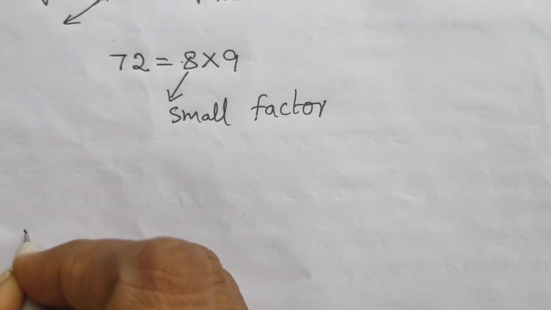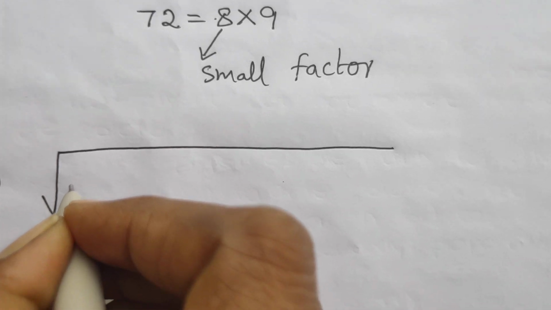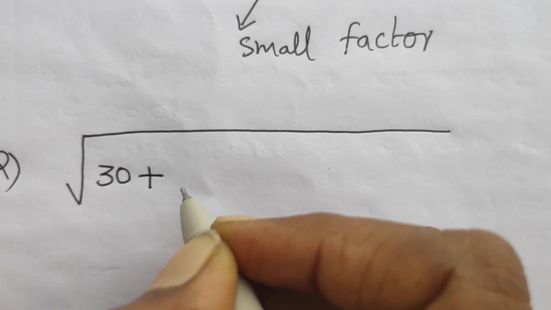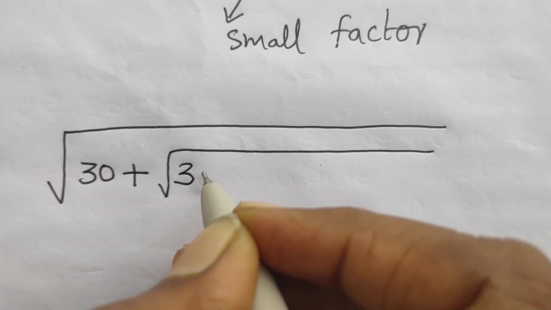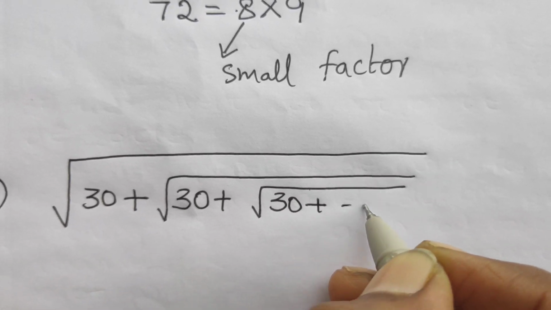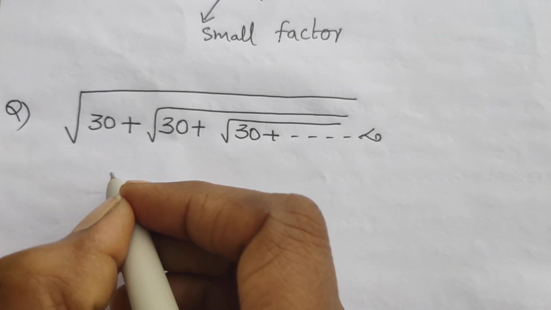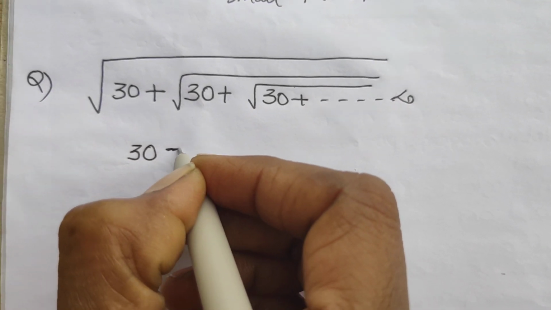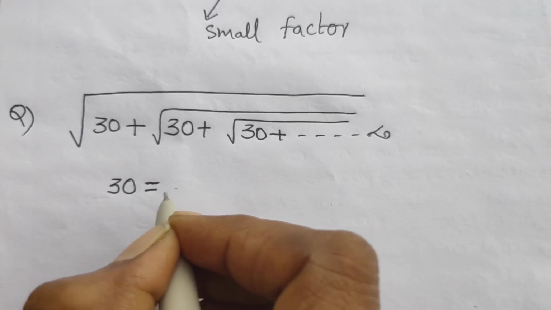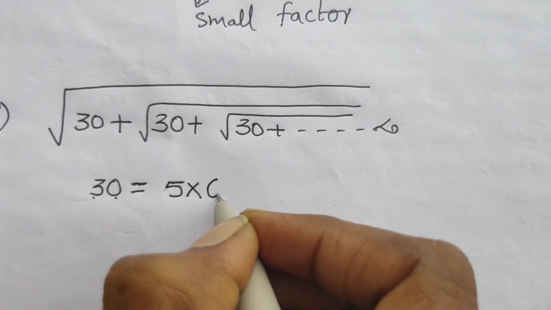Another example: square root of 30 plus root 30 plus square root 30 and so on to infinity. 30 is the product of consecutive factors, 5 and 6.